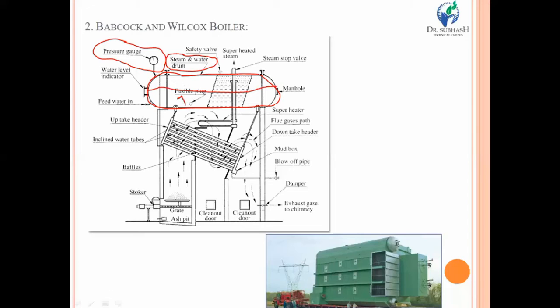The bottom part is generally known as the water space, and the remaining top portion is known as the steam space. So we can easily conclude that in the steam and water drum, the bottom part is water storage, and in the top remaining portion there is a steam space where the steam generated in the evaporator will be collected.